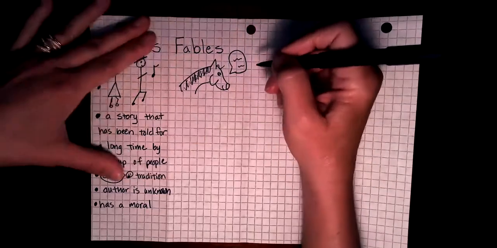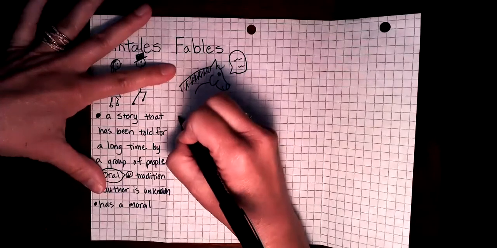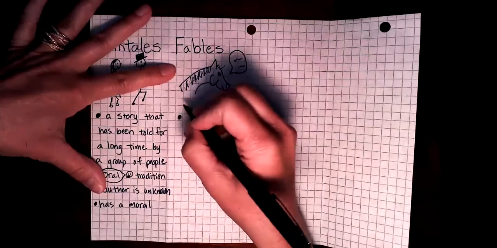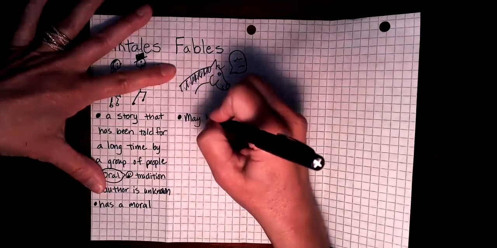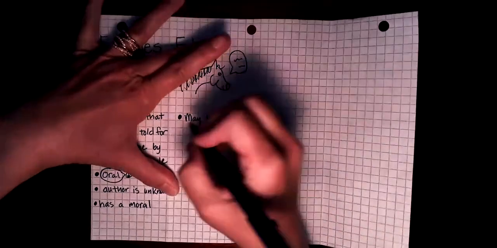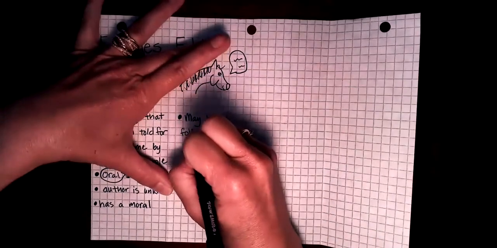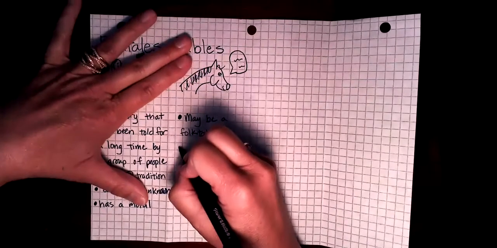And I just want to remember that they usually talk. I'm not going to put really words in there, but a fable may be a folk tale. Maybe not. It just might be.